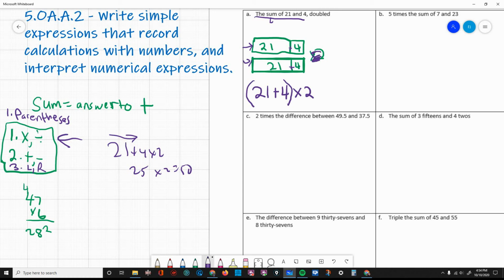Okay, the times 2 is really just showing it there 2 times. All right, and we do not need to evaluate. That doesn't mean that it's not going to be fun to evaluate by doing 21 plus 4 times 2, 50. Now, I do realize that that's what I showed down here as possibly doing it the wrong way.